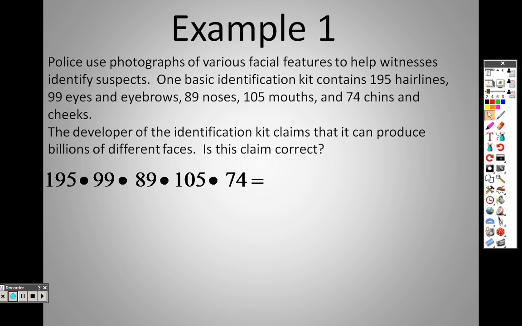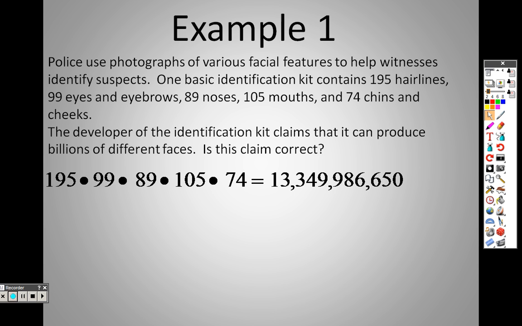I could choose any of those 89. I could choose any of those 105 and any of those 74. And each one's a different combination. I could have many, many different combinations of them happening. So that's why we're just multiplying all those numbers together, which basically gives us 13,349,986,650.